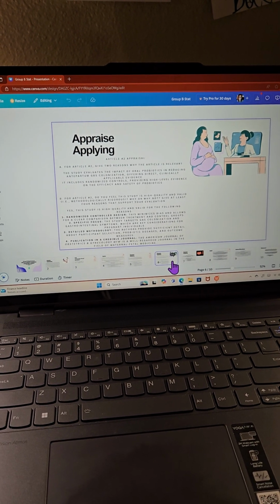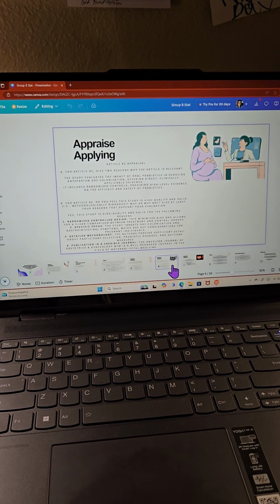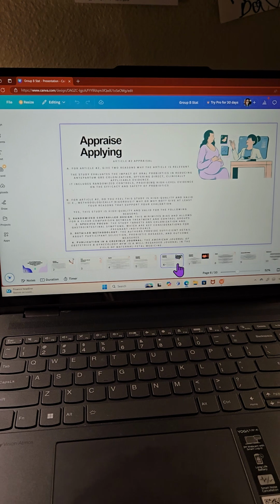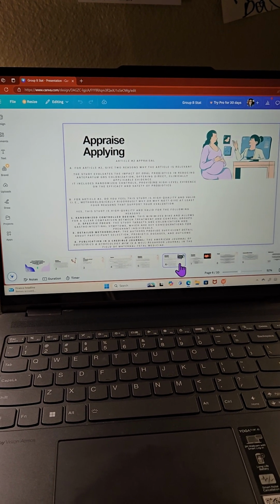So you get that added benefit. And ultimately, the specific focus on GBS colonization was a key consideration.